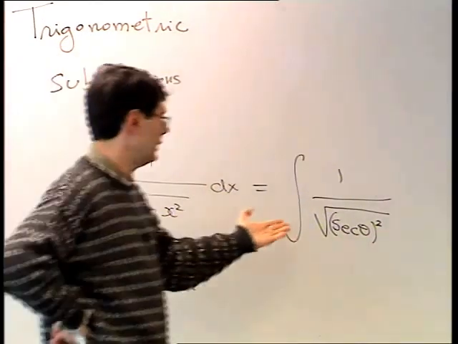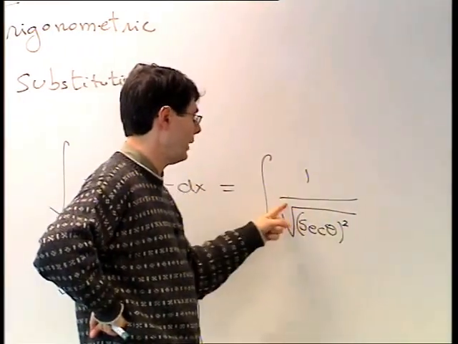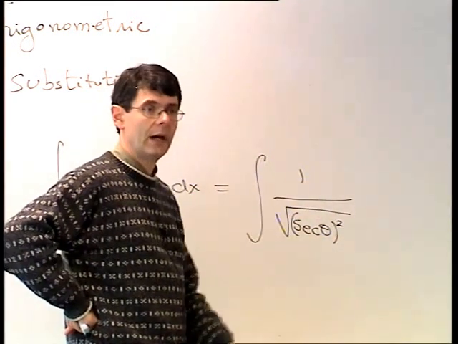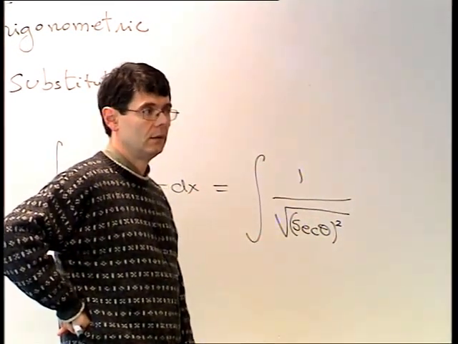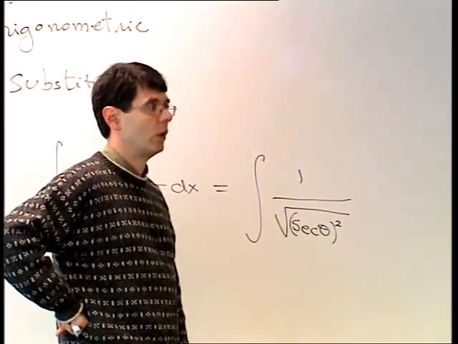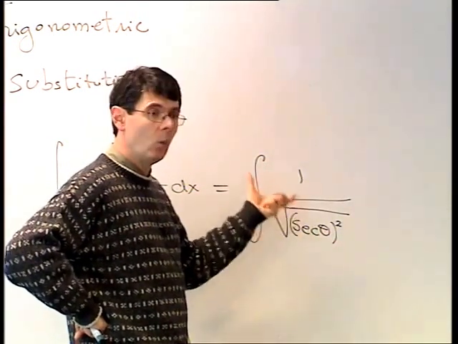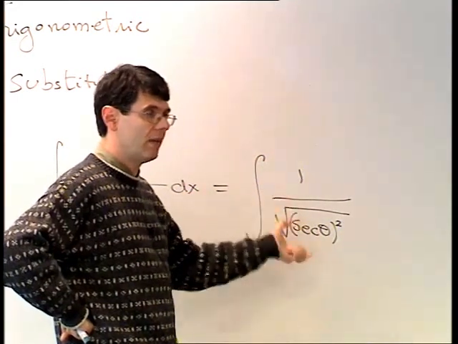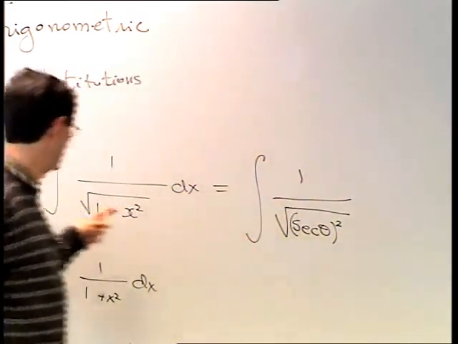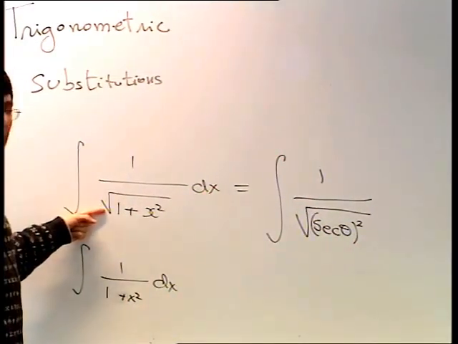And what happens here? A square and the square root will cancel each other out. Okay? So this will give me a way to get rid of that square root, this painful square root in here.